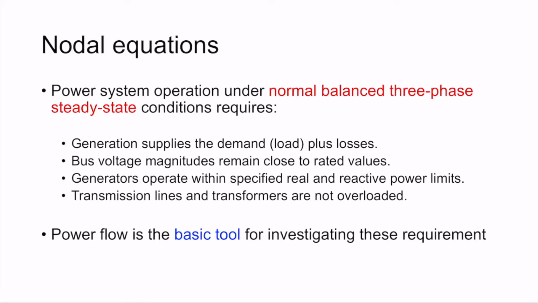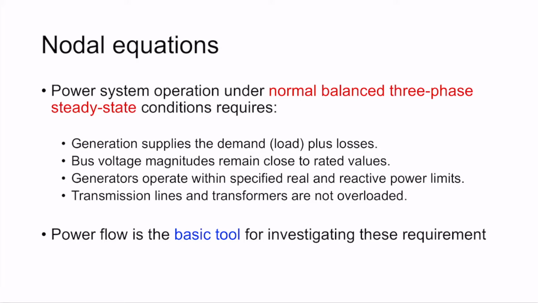Nodal equations are the most common way of representing these power flow equations. They are referred to the nodes. We have to understand that these nodal equations should model that generation should supply the demand plus losses. The voltage magnitude should remain between some limits. We cannot have any voltage in each of these nodes.